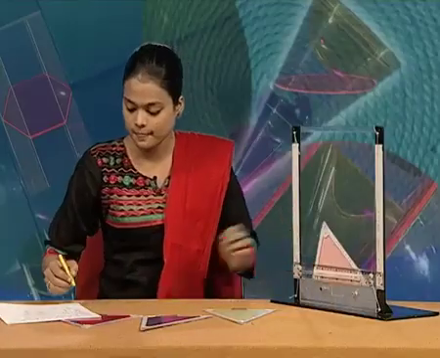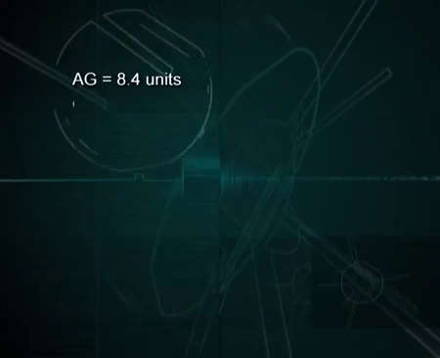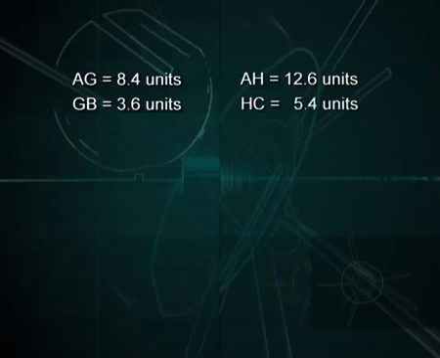AG is coming out to be 8.4 units and GB is 3.6 units. Similarly, AH is 12.6 units and HC is 5.4 units.